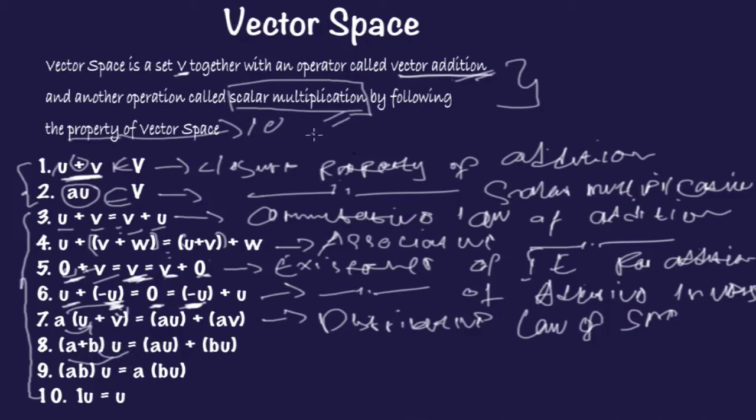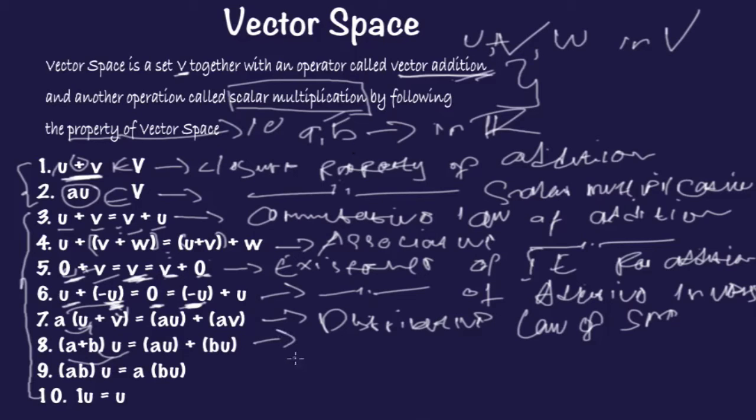I have to tell you that a and b here have to be real numbers, as well as u, v or w, which have to be in the vector space.